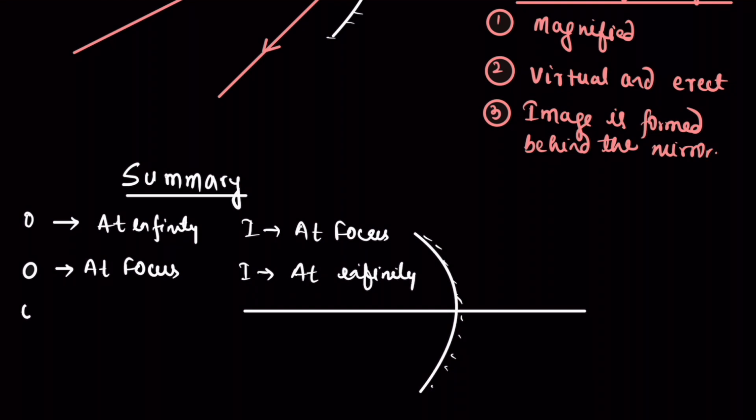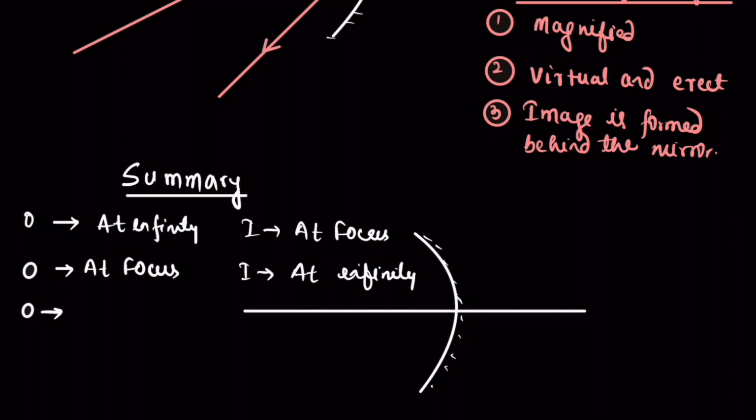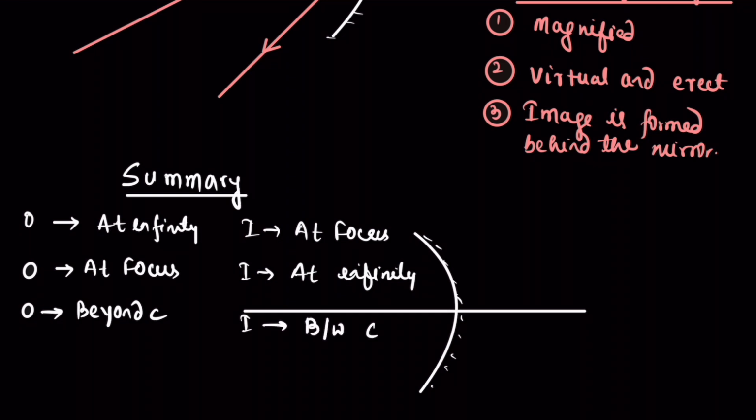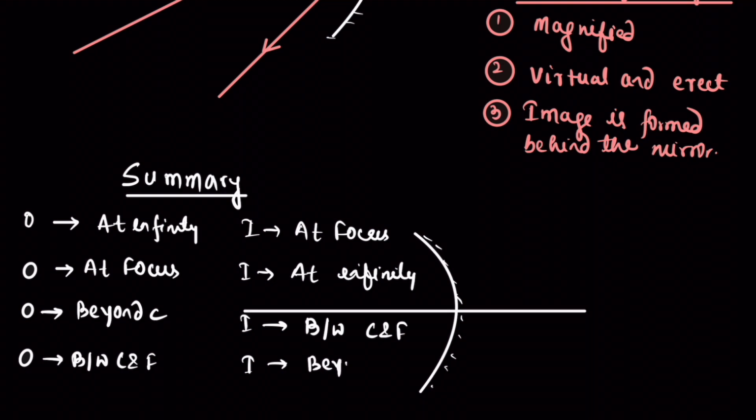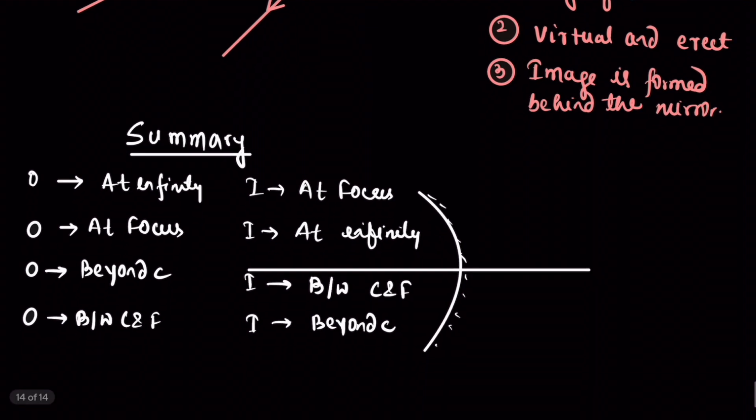Similarly, when the object is beyond C, the image is between C and F. Reverse, when the object is between C and F, the image is beyond C. So these four cases are very simple.